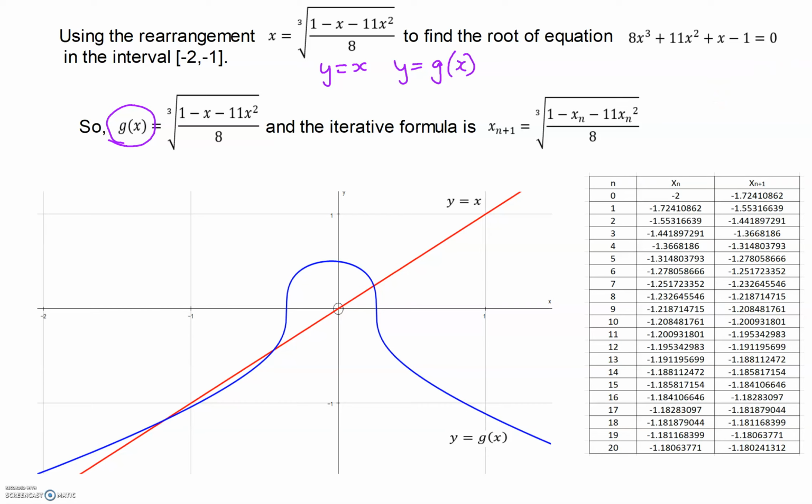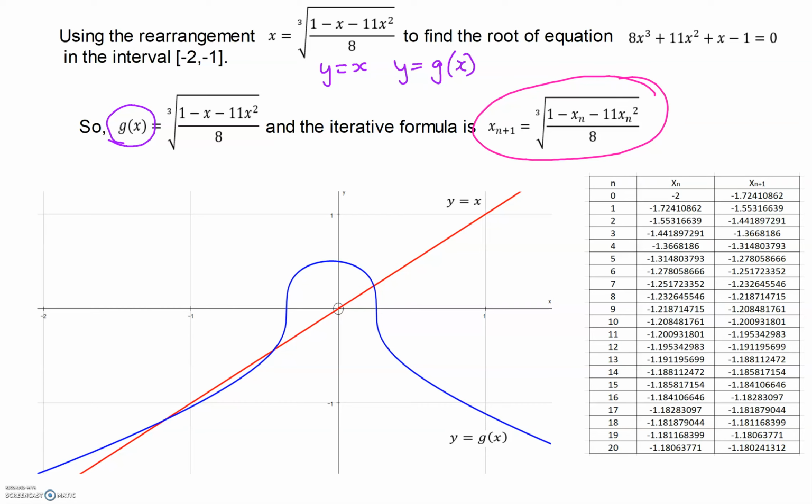Our general iterative formula here is using this rearrangement, so that each successive value of x is generated using the previous one. The iterative formula is the cube root of 1 minus xn minus 11 xn squared all over 8, and that generates xn plus 1. So we're going to look at these 2 graphs.